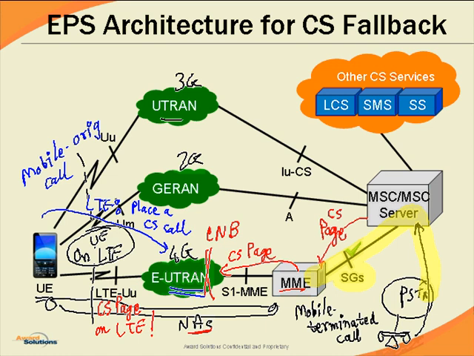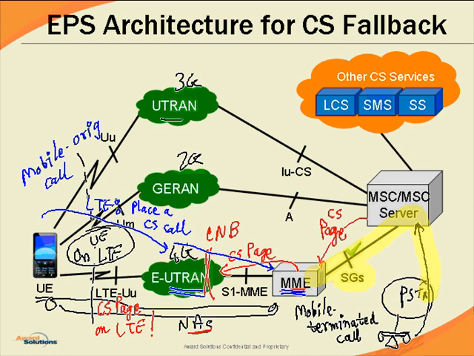That the UE wants to make a call, and then that message will go to the MME, and the MME will now start working on the CS fallback procedure so that the UE can go to legacy technology to make a call. So the initiation, whether it is a page message or a request for a mobile originated call, is done still using the help of LTE technology.